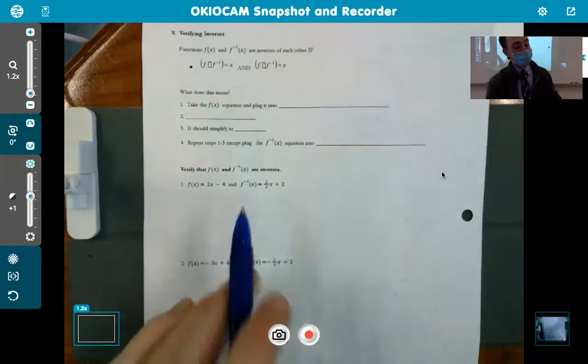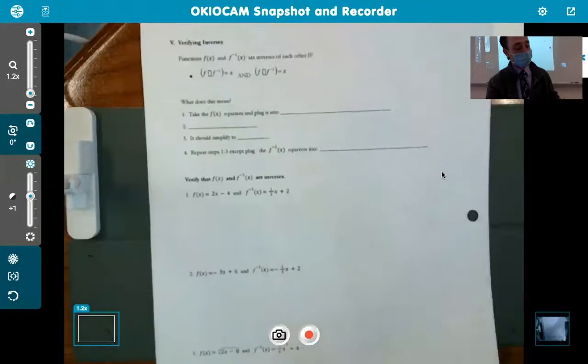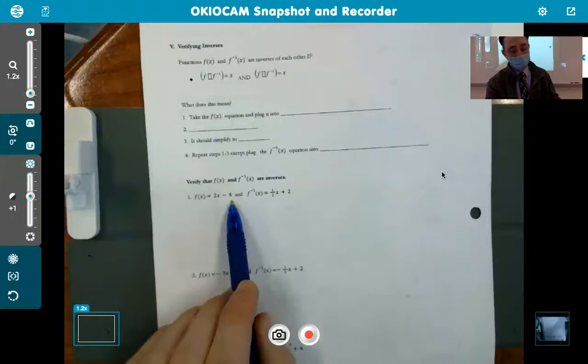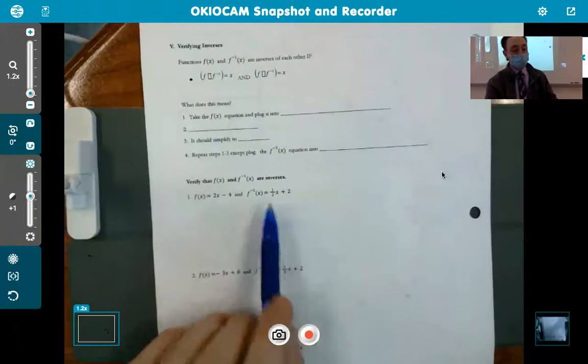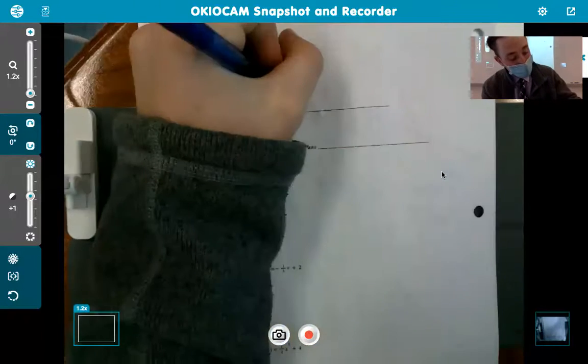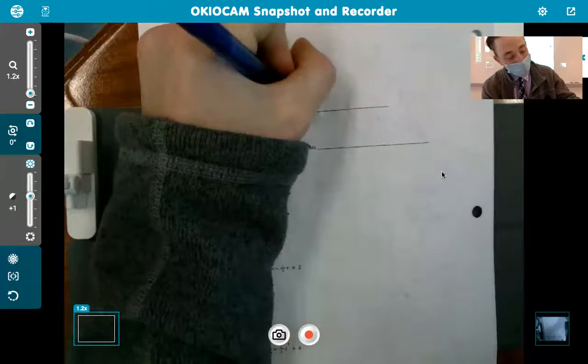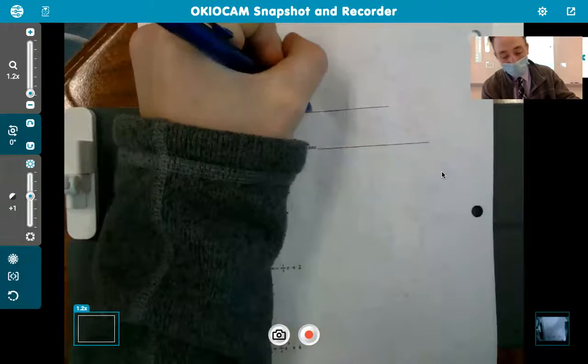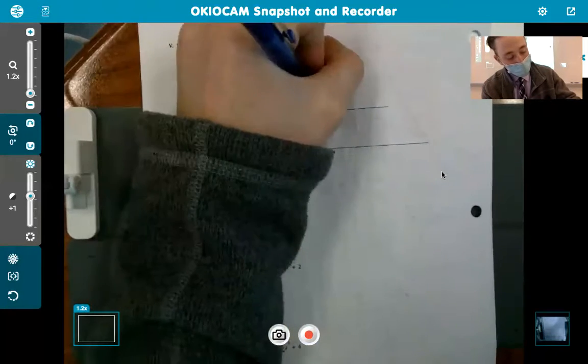The first thing we're going to do is take f of x, so the function that they give us, this original function here, and we're going to plug it into the inverse function, all right? So f of x, we're going to take that, plug it into f inverse of x equation.